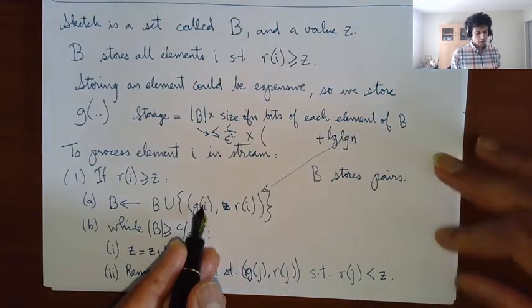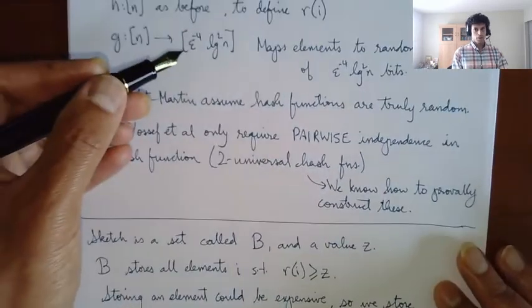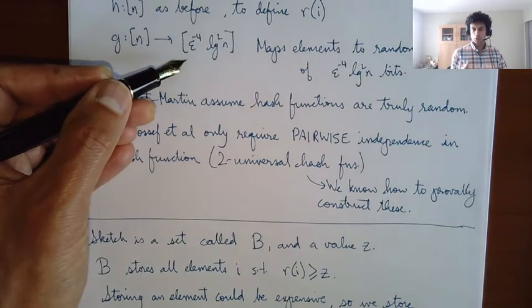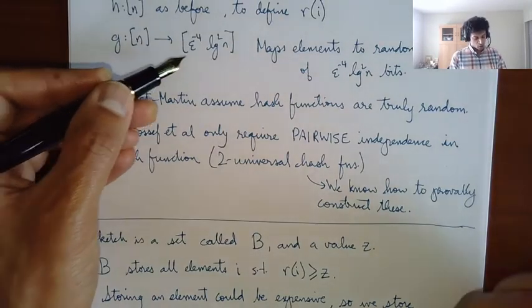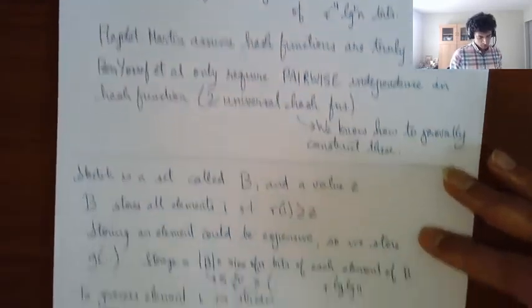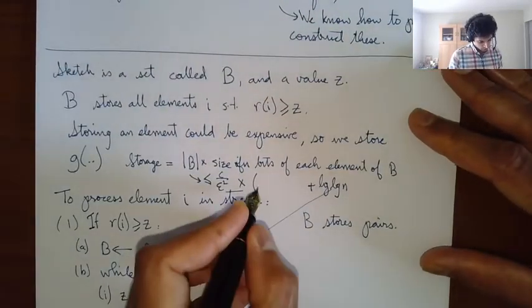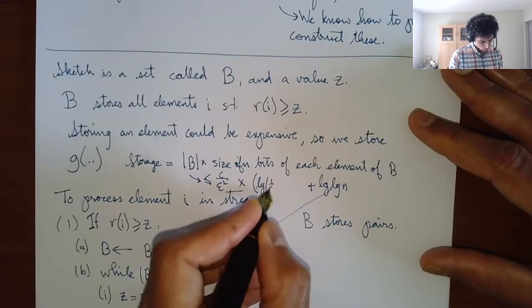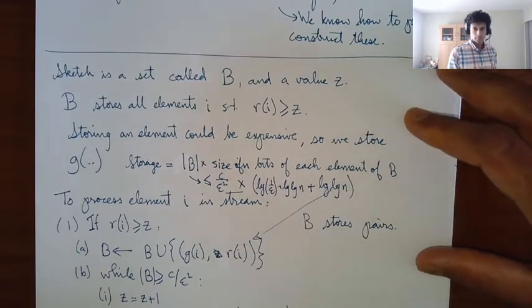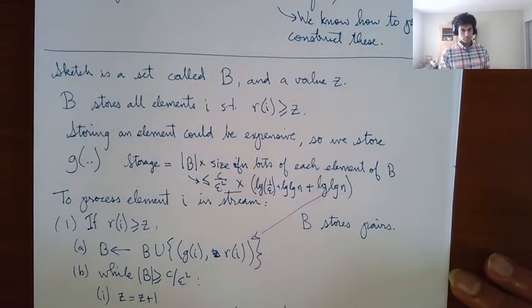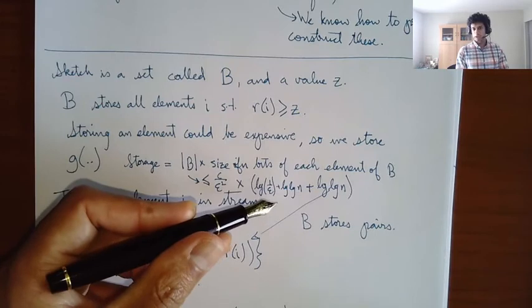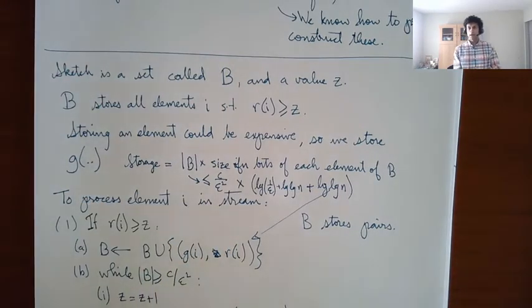To store G, G maps it into a universe which is essentially epsilon to the minus 4 log square n, and so what we need is log of this. That's how many bits we need. And so what we get over here is log of 1 over epsilon plus log n. So this is C over epsilon squared times essentially log n plus log of 1 over epsilon as desired.